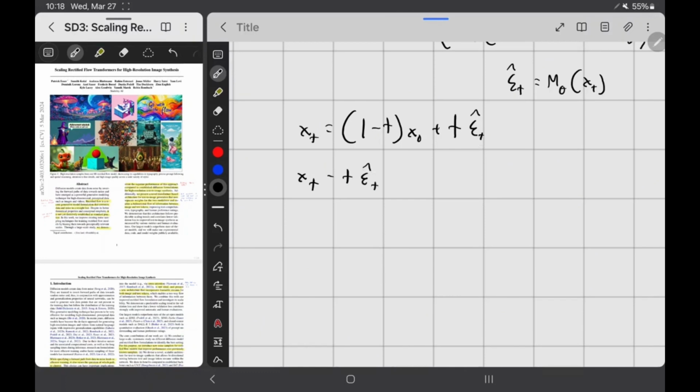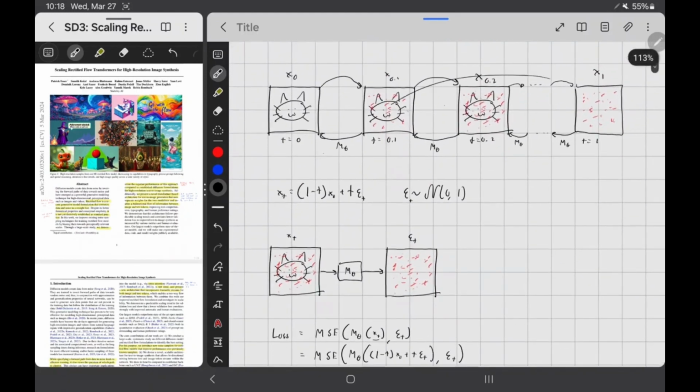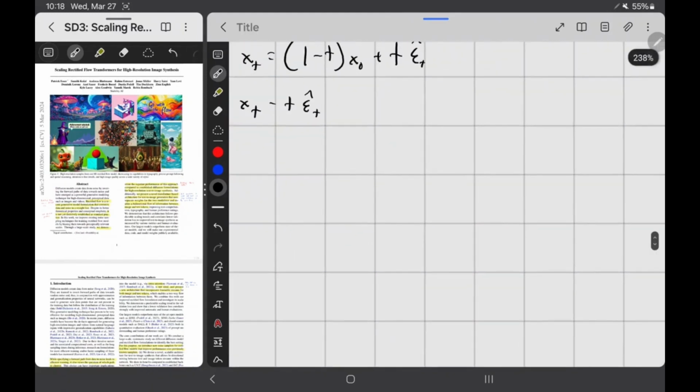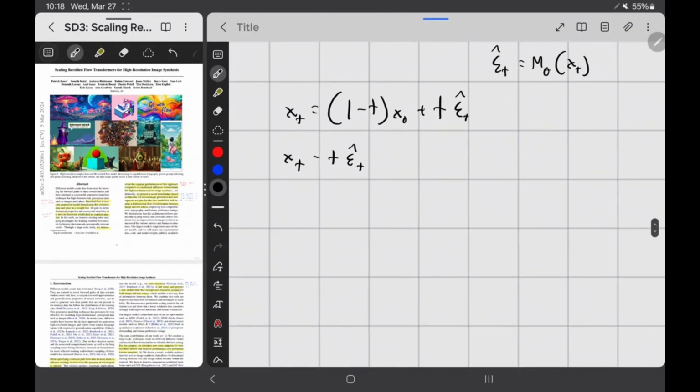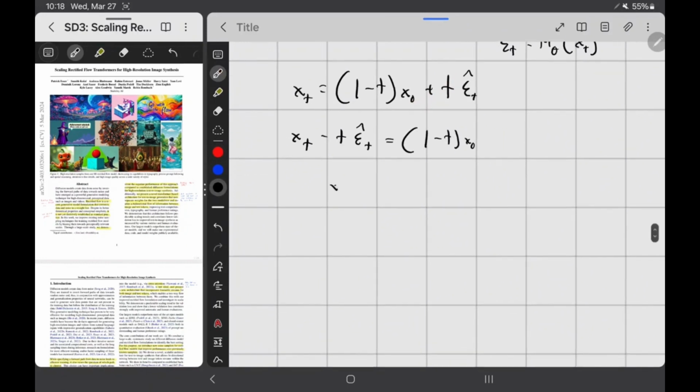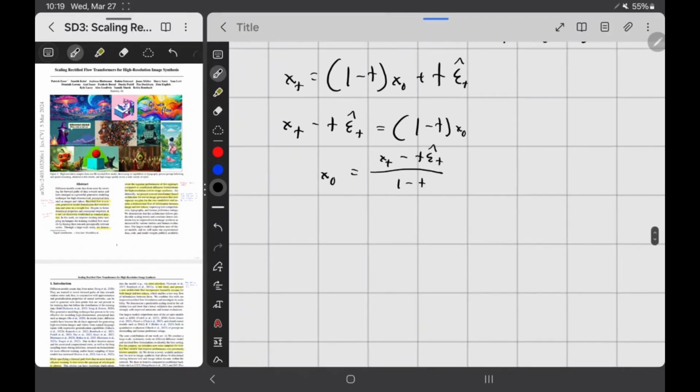So this is our prediction at this time step. Given this noisy interpolation, somewhere along this chain, our model is going to predict all the noise in the image, and we want to extract the original image. So I'm just going to rearrange this: (1 minus t) x0, and then x0 is equal to xt minus t epsilon hat t, over 1 minus t. So if we wanted to, we could do a one-step process where we just use this formula to get x0.